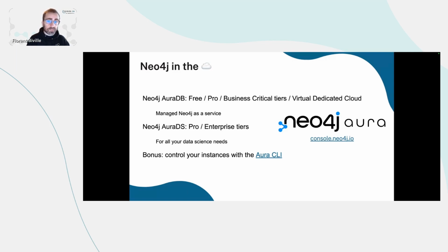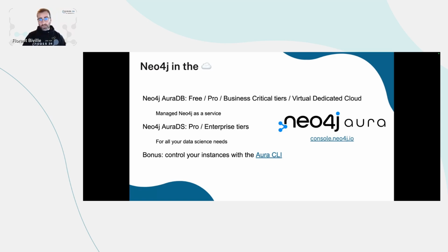So those are the current tiers. Enterprise has been renamed recently to Virtual Dedicated Cloud, and Business Critical is really sitting in between Pro and Enterprise. So you've really got a fine-grained selection of Aura instance if you want to. Then for your data science needs, you've got Aura DS, which is Pro or Enterprise, and I will show it a little bit in the demo.